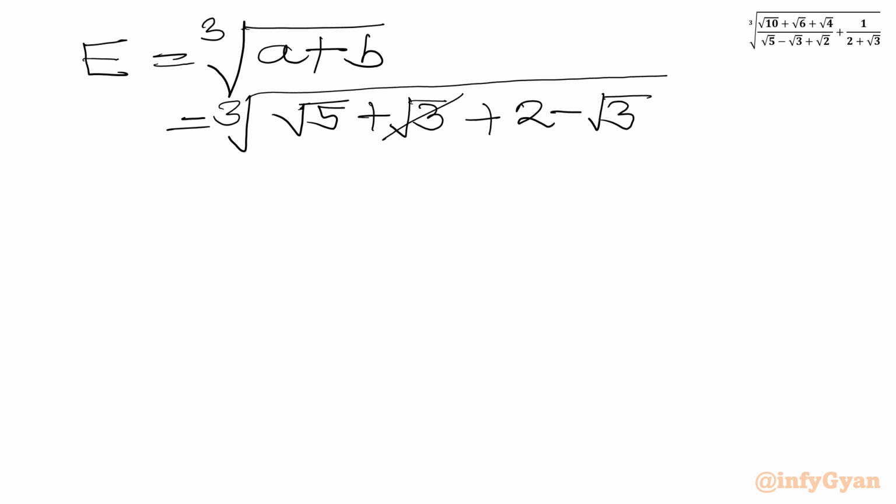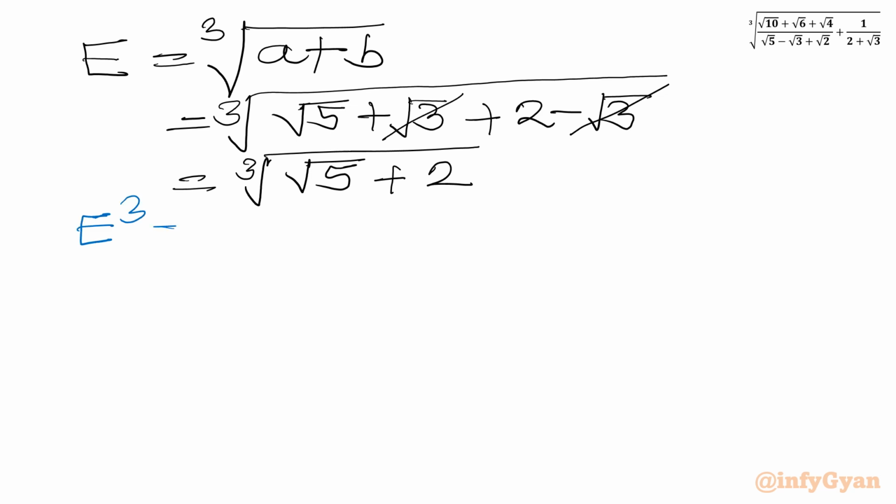So plus root 3 and minus root 3 will cancel. We will write E as cube root of square root 5 plus 2. Now we will take cubing on both sides. So I can write here E cube equal to square root 5 plus 2.